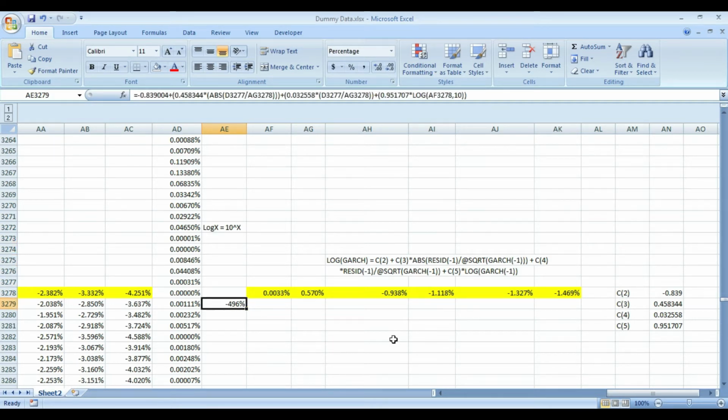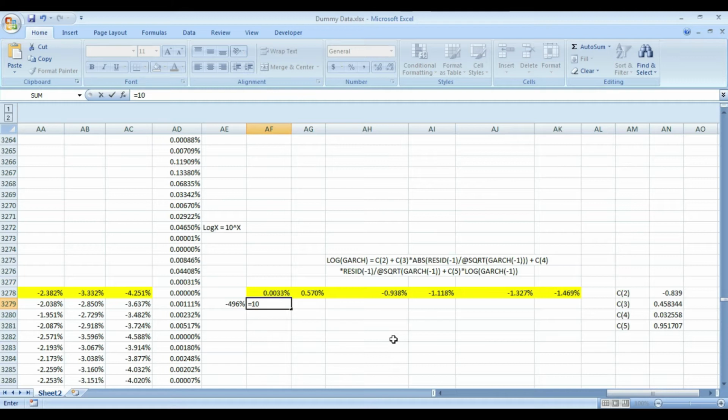Similarly, this is log of var to the base 10. So if I want to convert this to var, that would simply be 10 raised to the power of this value, right?